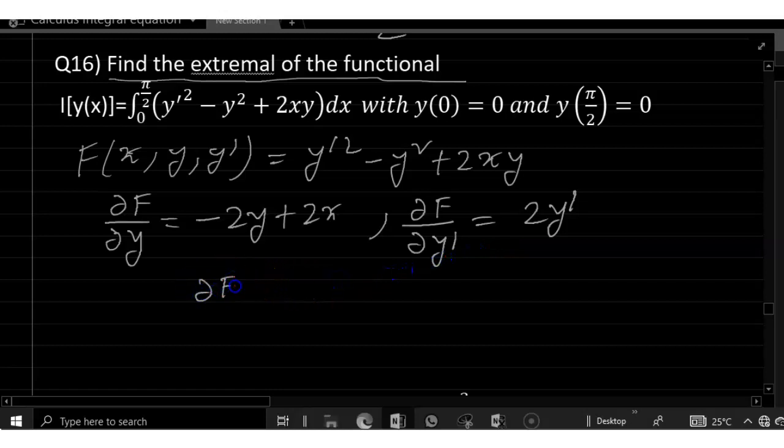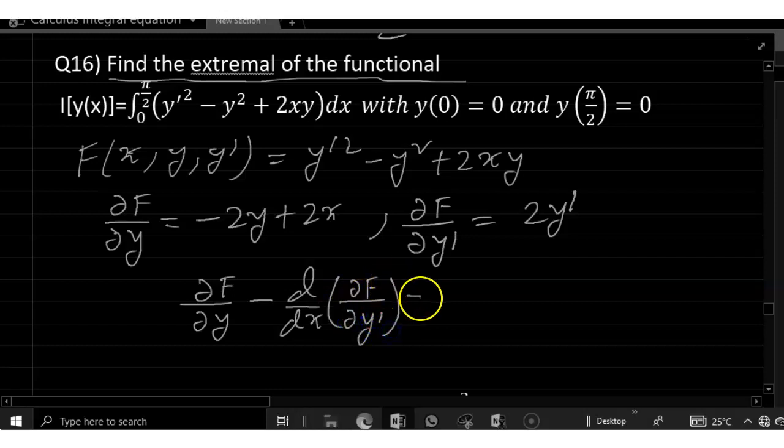So del f by del y minus d/dx of del f by del y dash equals 0. That implies y double dash plus y equals x.